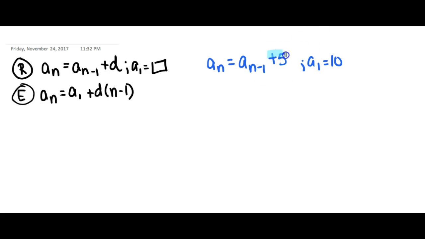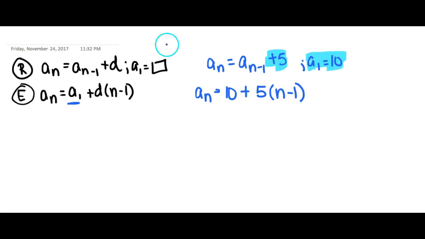So I need this part, and I'm going to need this part. So what we're going to do is it's going to be a sub n, that's fine, but in place of a sub 1, I'm going to put in what it is, which is 10, plus our common difference, which is positive 5 in this case, n minus 1.